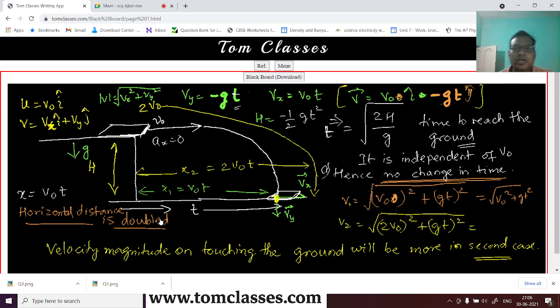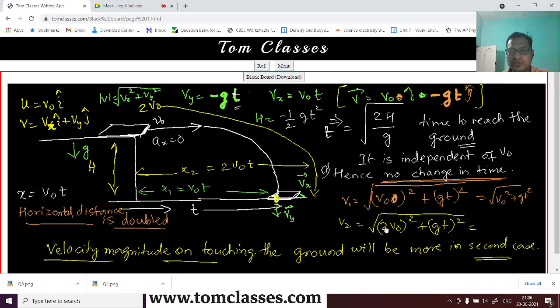And that is quite obvious, because potential energy is getting converted into kinetic energy. Since the height is the same, the change in potential energy is the same, so there has to be a change in the kinetic energy. So the magnitude in the second case is going to be more, right?